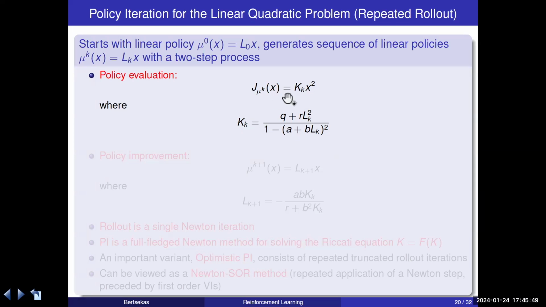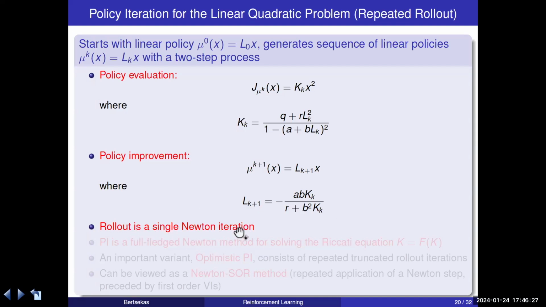And this is the solution as a function of LK. Policy improvement gives you a new policy with cost coefficient LK plus 1 and uses KK from the cost evaluation and this formula here, which comes again from quadratic cost minimization, the formula for policy improvement. So the formulas here are not important to remember, but what's important is that they can be done and they generate linear policies in closed form, essentially.